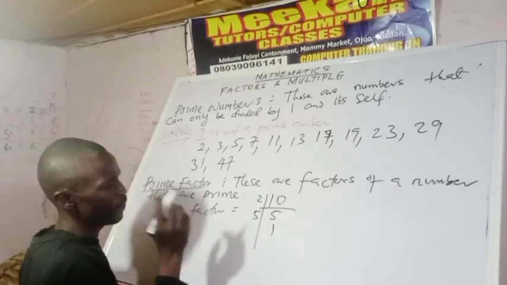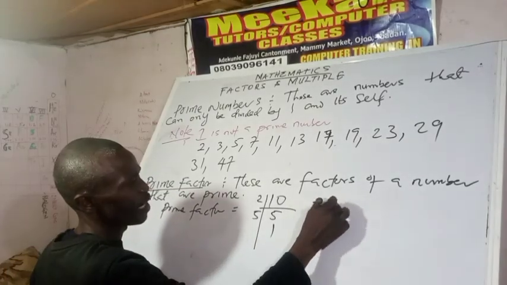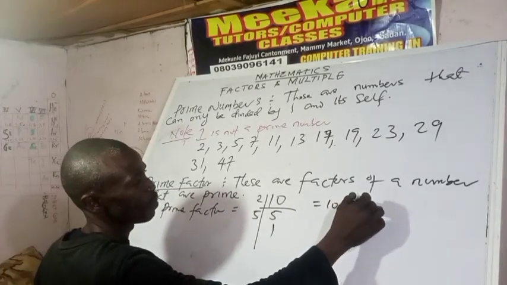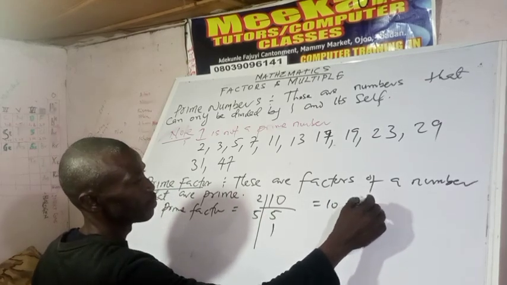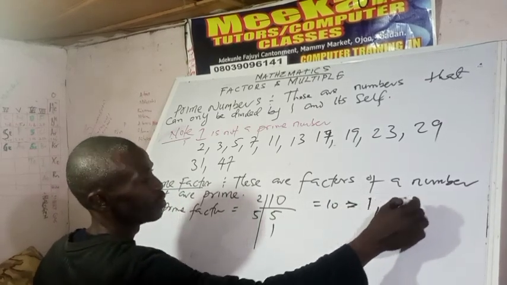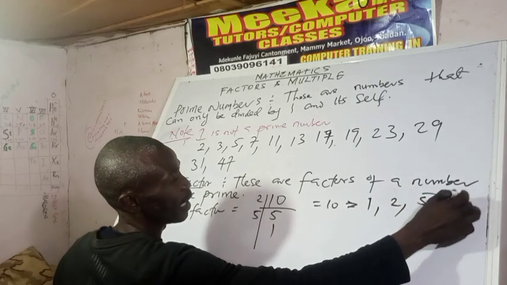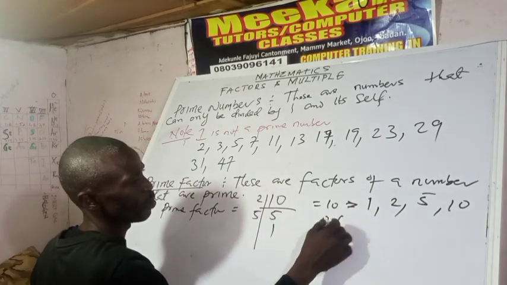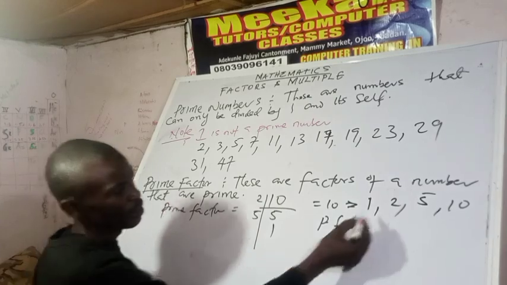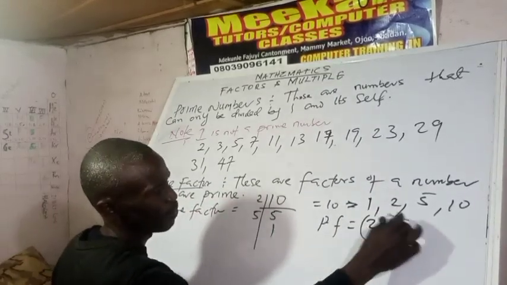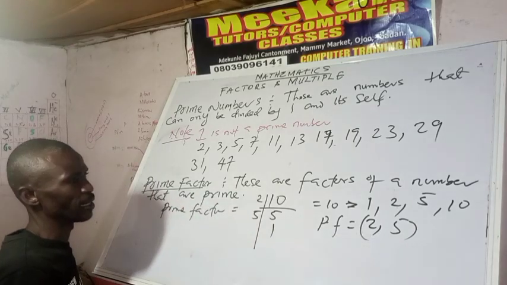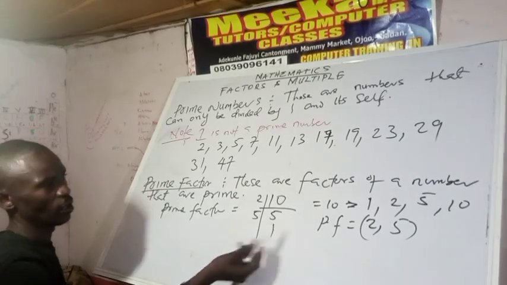Now, the prime factor here, if I say the factor of 10, you have 1, 2, 5, and 10 itself. Then the prime factors, what are the prime factors here? Remember, 1 is not a prime. You have 2 and you have 5. You are done with that. The prime factors of 10.